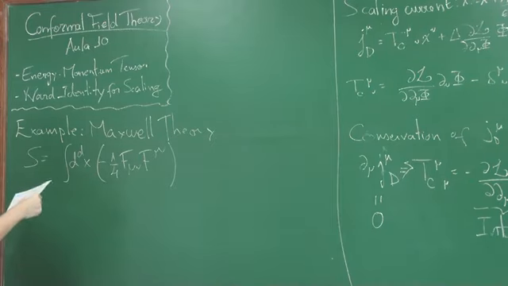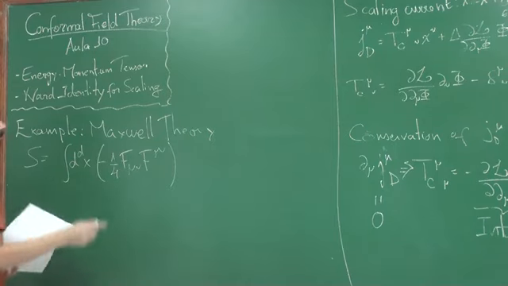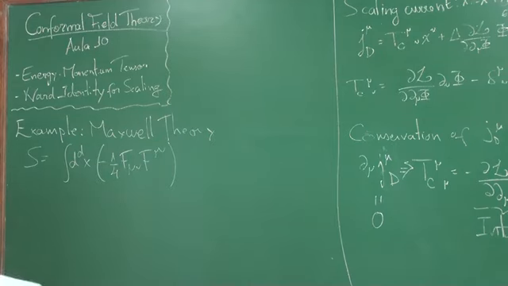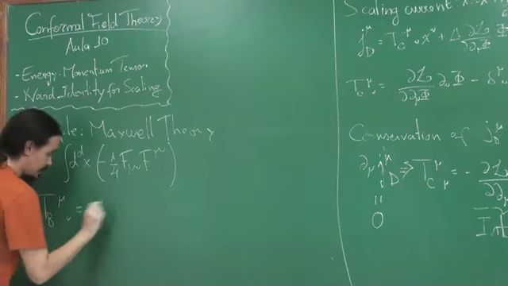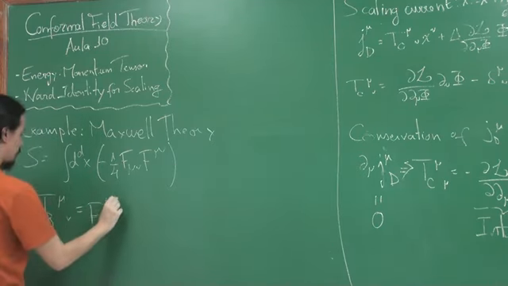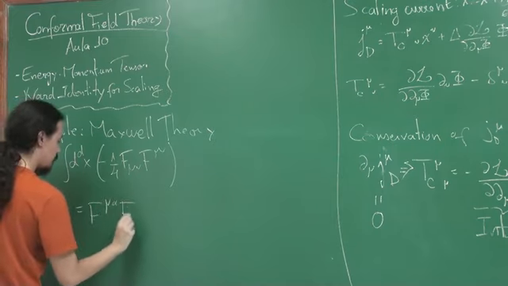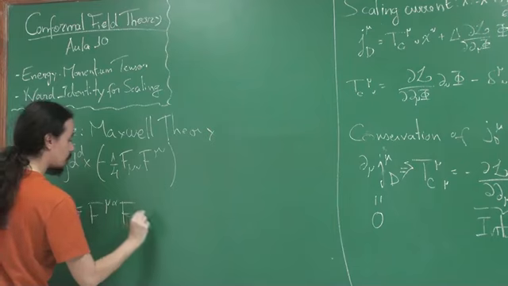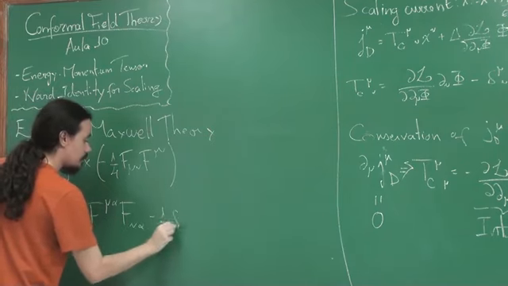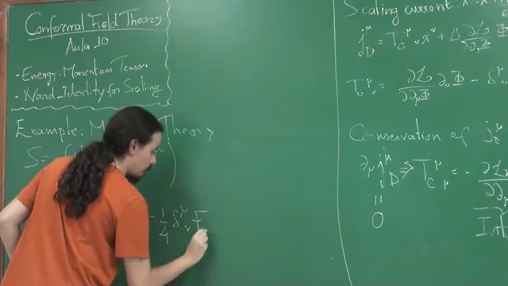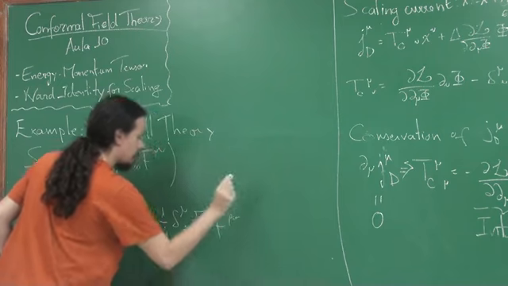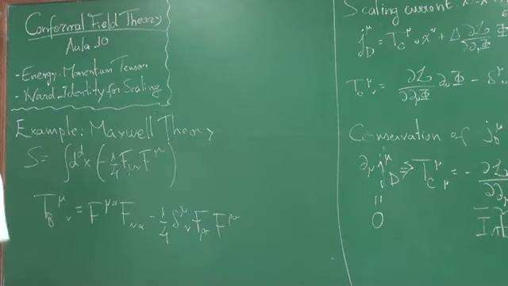And the already symmetrized energy momentum tensor, which is the Belinfante tensor, is given by this. This is the already symmetrized Belinfante energy momentum tensor.